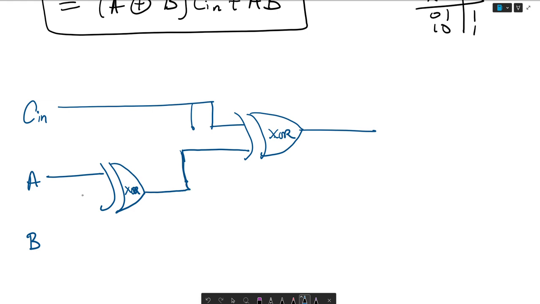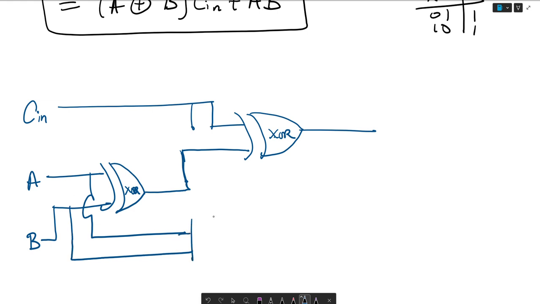Comes in. This goes through an AND gate.